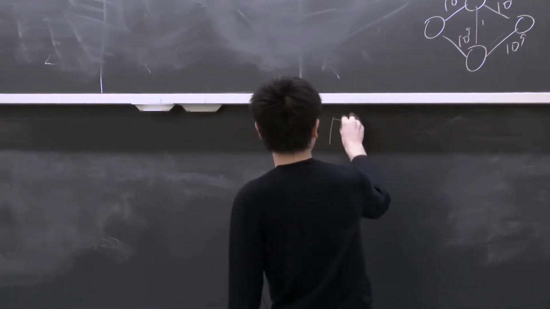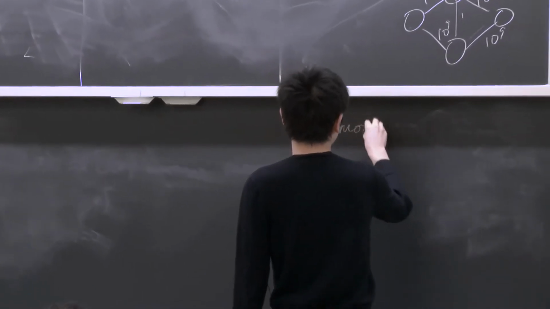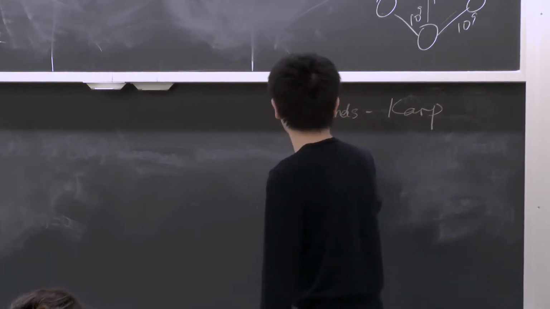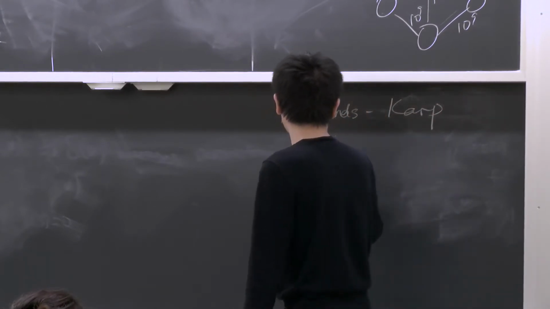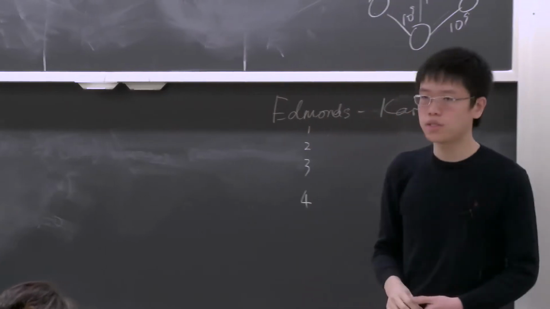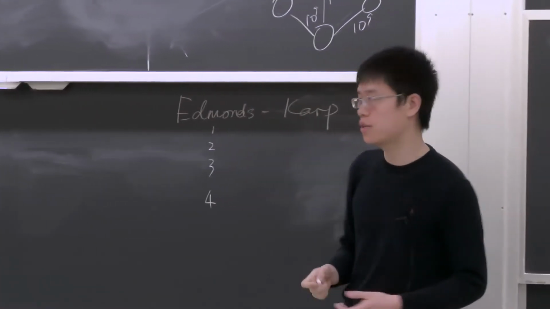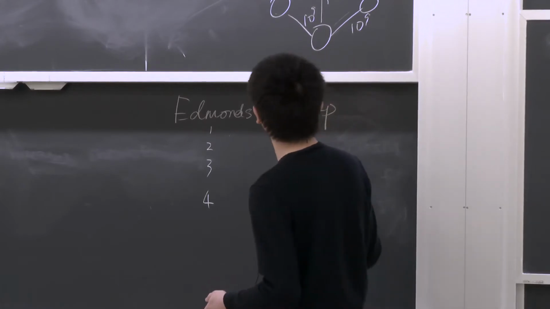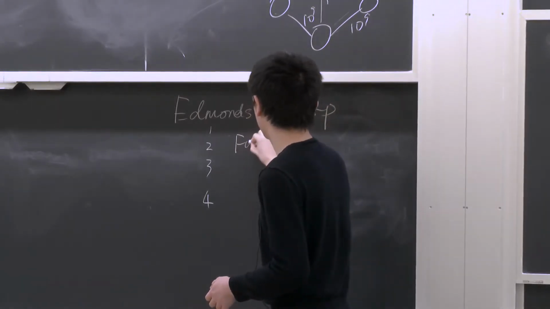Let me just write it here. Its first, third, and fourth steps are actually exactly the same, no change from Ford-Fulkerson. The only thing it does is that it finds a special path.